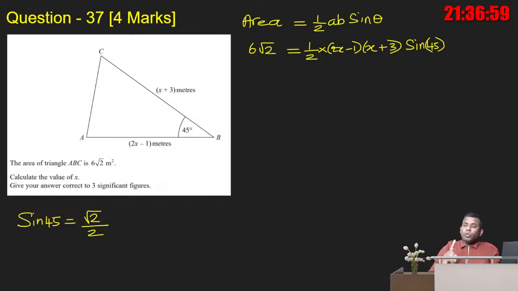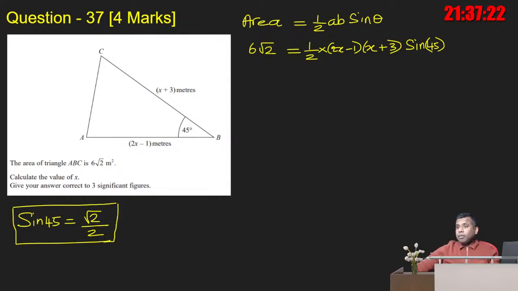I will show you the shortcut method for the standard angles in another question, where I'm going to show all the exact trigonometric values. So now I'm going to use sine 45 as root 2 over 2. You must memorize this one.